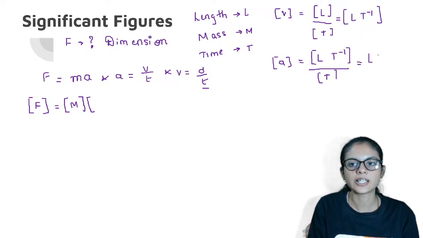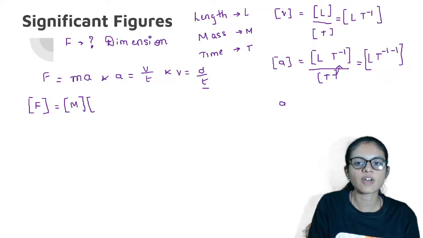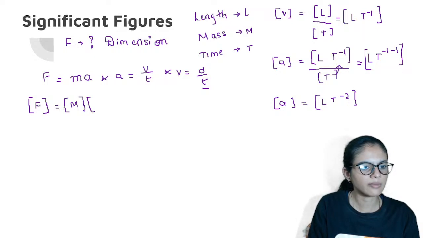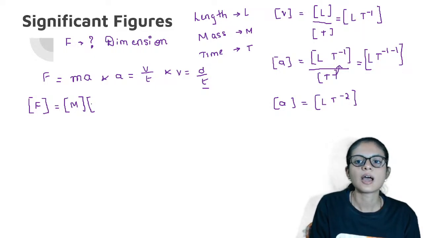So I get L T to the power minus 1 plus this one, which turns out to be minus 2 here. Same base, add the indices concept. So the dimension of acceleration is L T to the power minus 2. I got the dimension of acceleration. I'll just substitute here.